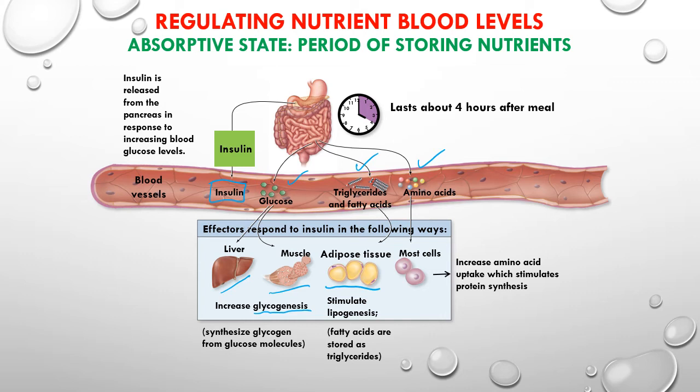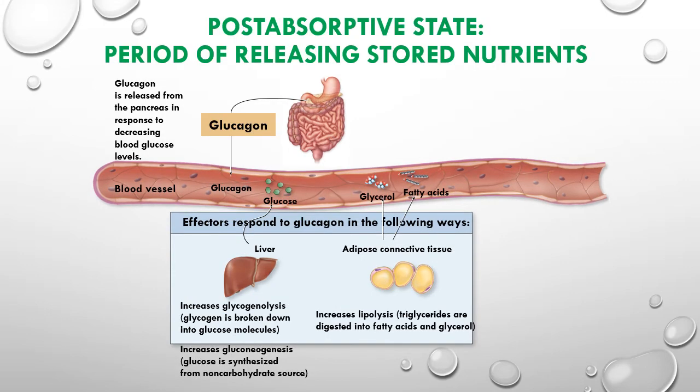Most of our cells can utilize some amino acids, and so we're going to put those away and have them available so that in case we go over that 4 hours, we have the ability to now undergo glycogenolysis, and start to break down the glycogen that's there, release it as glucose back out into the bloodstream so that our glucose levels stay relatively even.